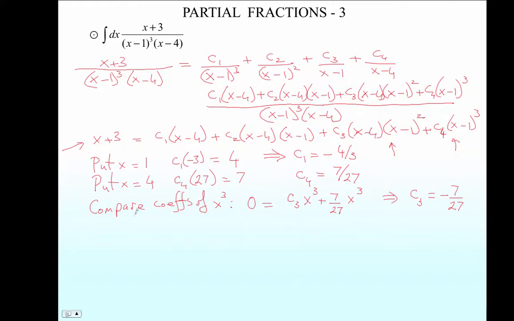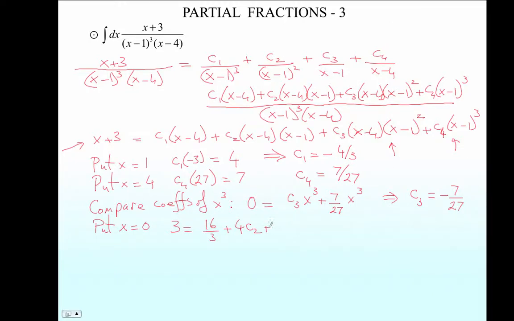Now that's very good because we've got c1, c4, c3 with almost no work. Now we can find the remaining one by putting x equal to 0. In that case, 3 will be equal to c1. c1 is minus 4 by 3, so this is 16 by 3. Then we have 4c2. And then for c3, we have minus 7 over 27, but then this multiplies minus 4.